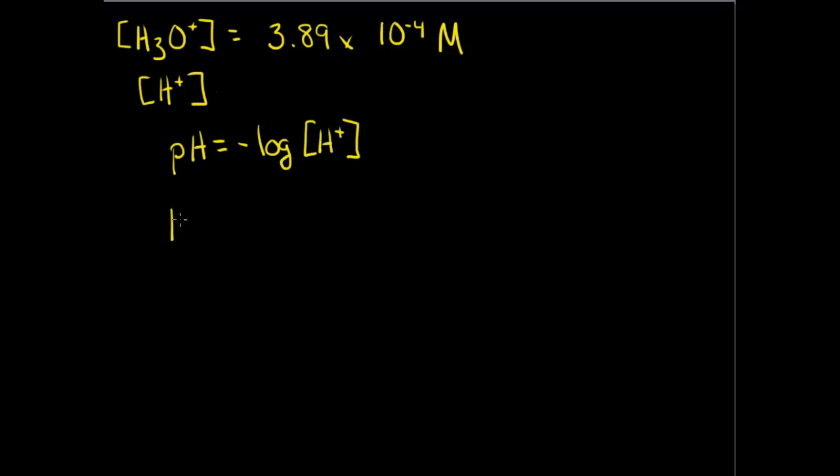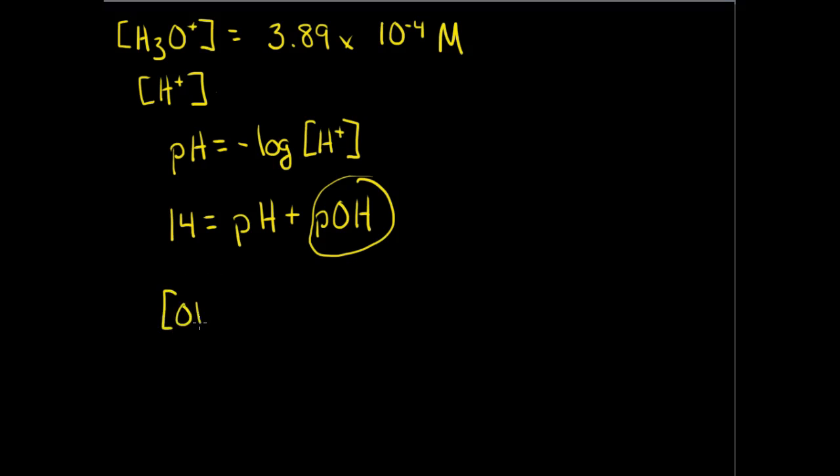Once I get my pH, 14 equals my pH plus my pOH. That'll give me my pOH. And then once I have my pOH, I need to get back to my ion concentration, and that equals the antilog of my negative pOH. And of course, when you're asked if it's acidic or basic, you always go back to your pH.